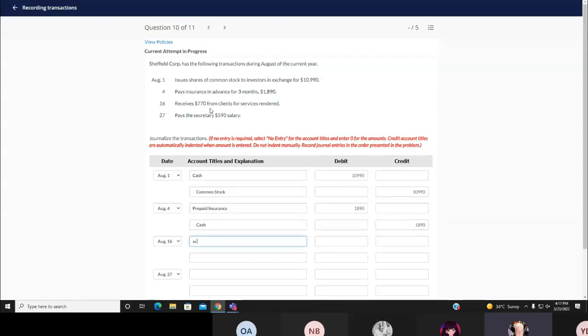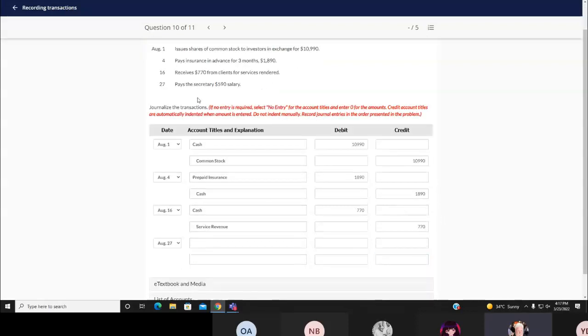Now, I perform service, so I receive money every time I perform service. You credit revenue. I either debit cash or I debit accounts receivable. There you go, you're really cooking now. You don't need help anymore.